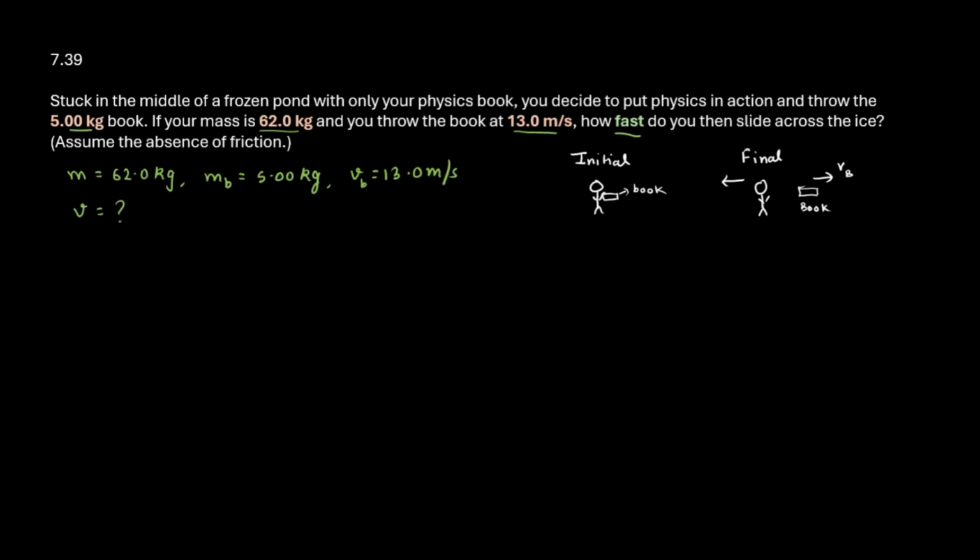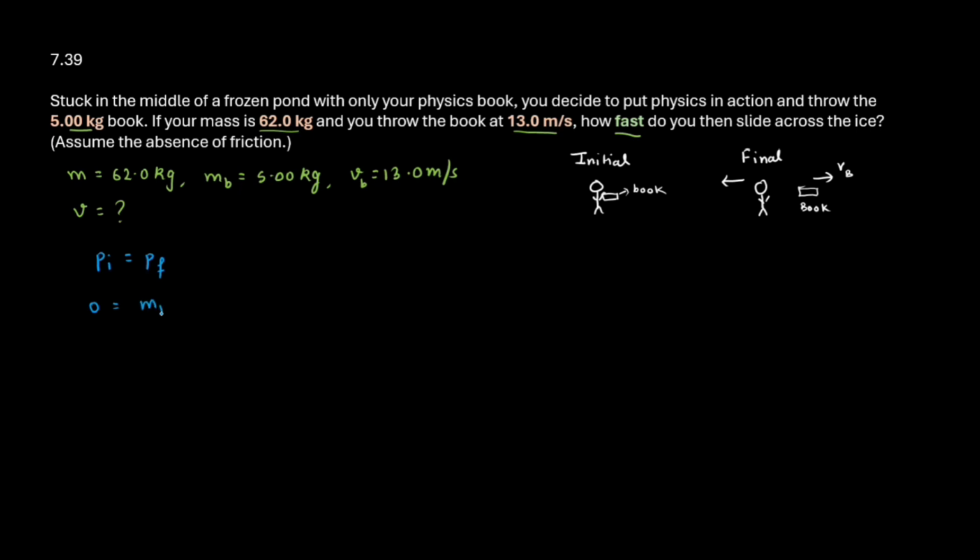Again, we are going to use the law of conservation of momentum. We know from the law that initial momentum has to be equal to the final momentum. So we write P initial equals P final. Initial momentum is the combined momentum of you with the book, which is zero as initially you are not moving. Final momentum will be the momentum of the book plus your momentum.